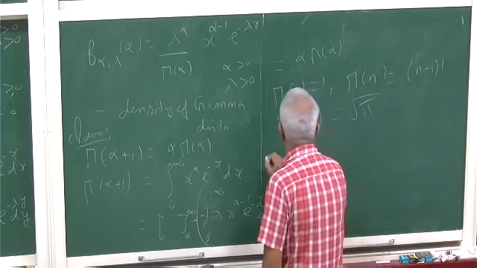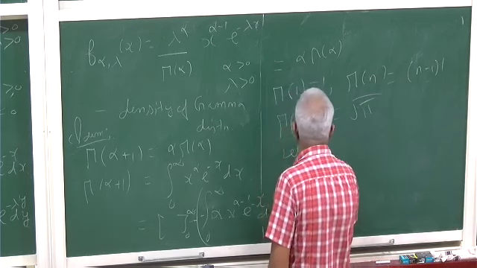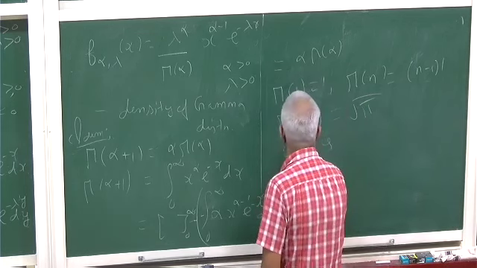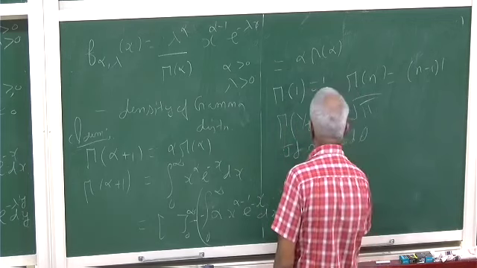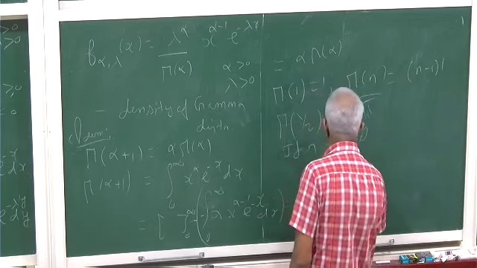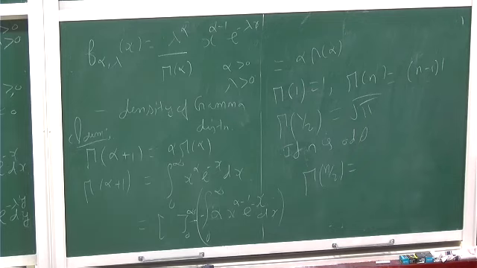Now we have n odd. If n is odd, then gamma of n by 2, you want to calculate.